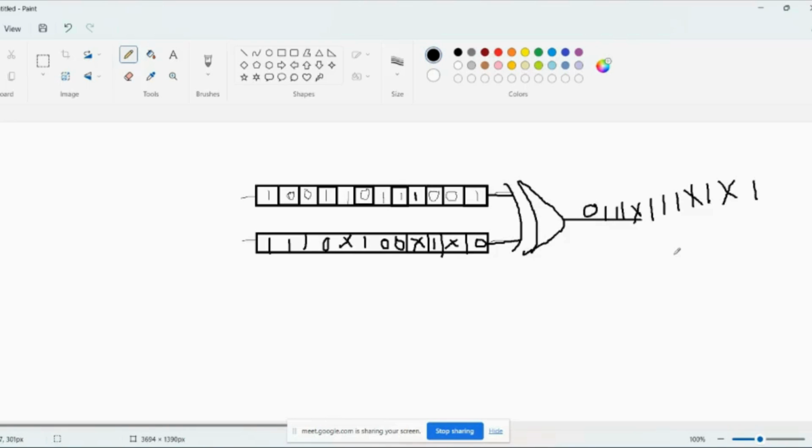Correct, right? Yes, sir. Now remember that you should not have X values in your pattern. Remember always that the ATE doesn't process X value. It will go to metastable.